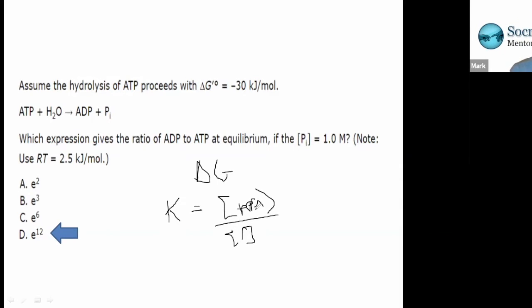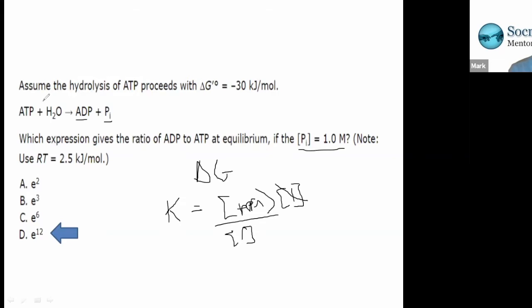What are the products and reactants in this case? Well, the products are ADP and phosphate. So there's actually 2 in the numerator, but they told us the concentration of phosphate is 1. Multiplying anything by 1 is just itself, so we can eliminate that. So it's just the concentration of ADP.